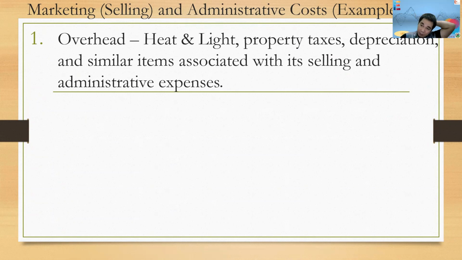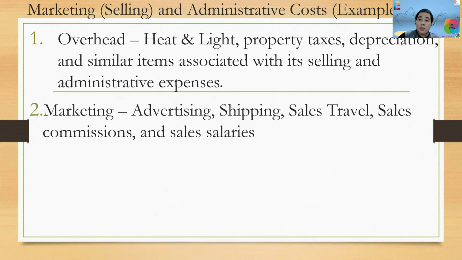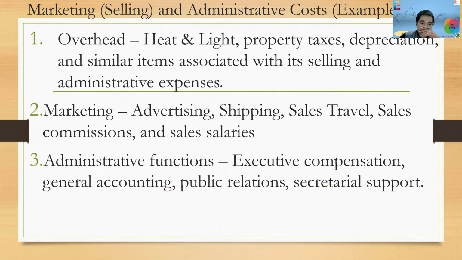So in selling, if you buy a vehicle, you'll have to depreciate the value of the car and your hauling machine. Two, marketing, it is the advertising, shipping, sales travel, sales commissions, and sales salaries. And administrative functions, such as executive compensation, general accountants, public relations, and secretarial support.